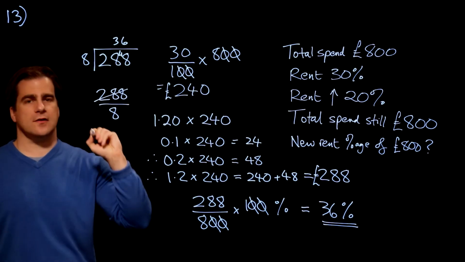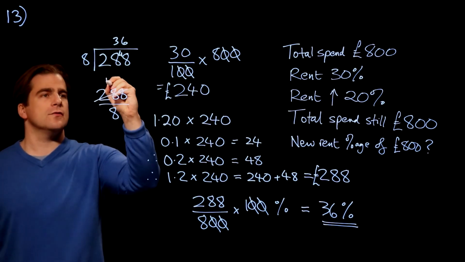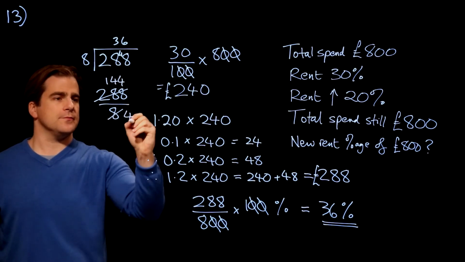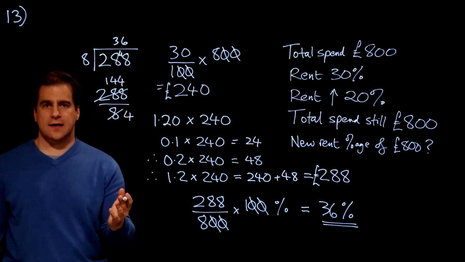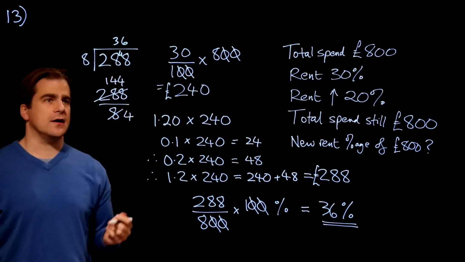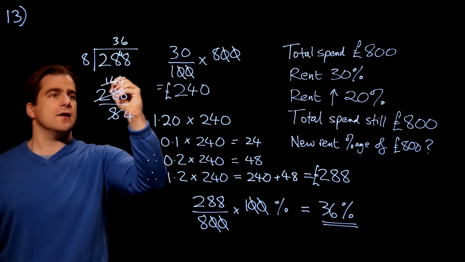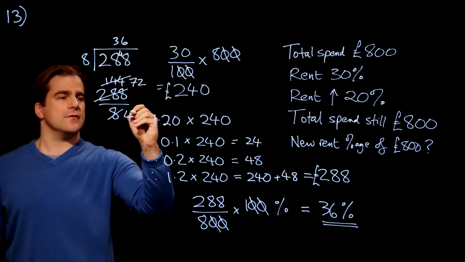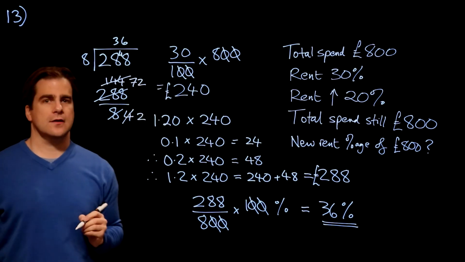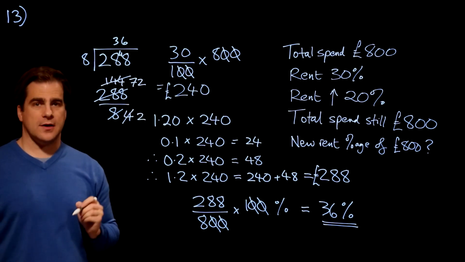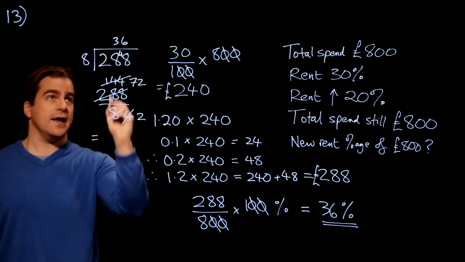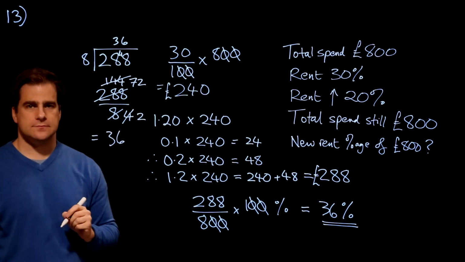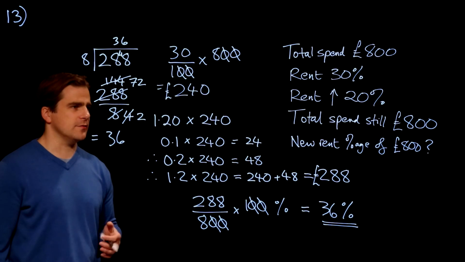So 288 divided by 2 is 144. 8 divided by 2 is 4. And then check again. Are they both even? Yes, they are. So same again. Divide 144 by 2. It's 72. Divide 4 by 2. It's 2. So we're left with 72 divided by 2, which is, again, as it should be, 36. What kind of a landlord puts rent up by 20%?